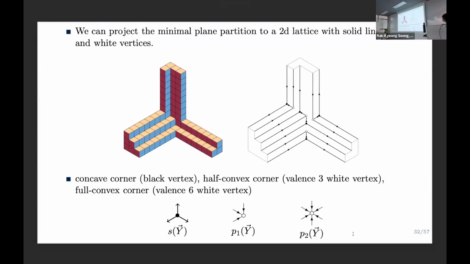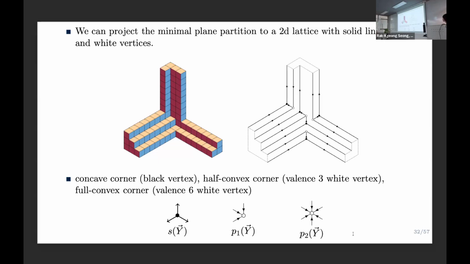You can determine the data of this minimal plane partition by the following sets of vertices. So you have a concave corner, half convex corner, and also full convex corners written in this way.